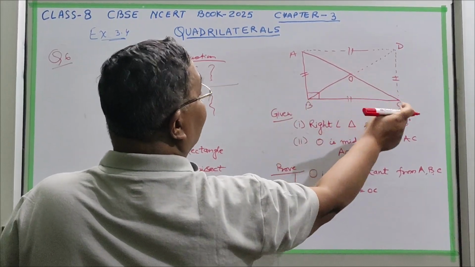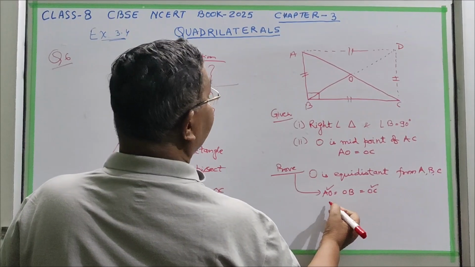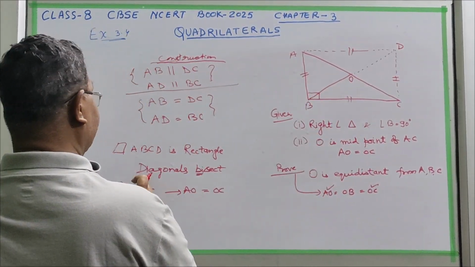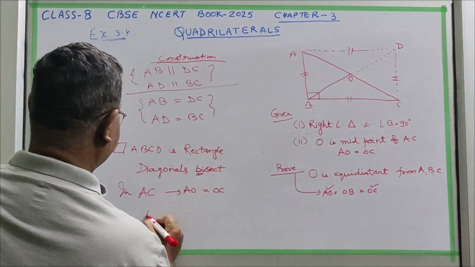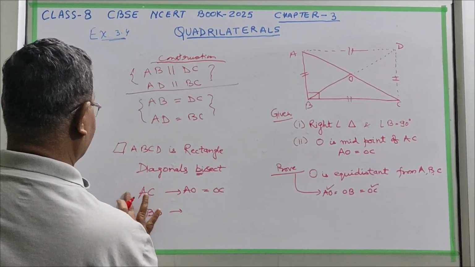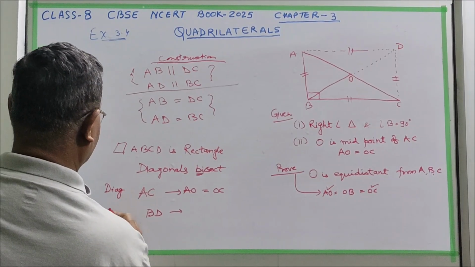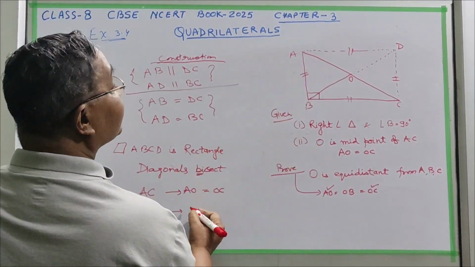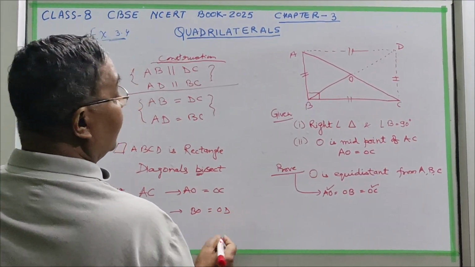Now AO and OC, this you have proved. Now we have to prove this one. Here also the same theory: diagonal BD also bisects, so BO is equal to OD.